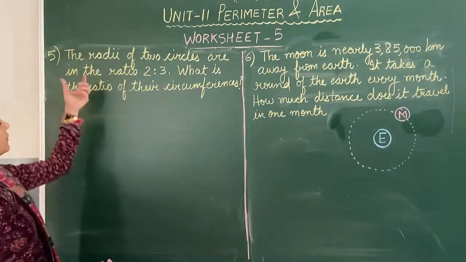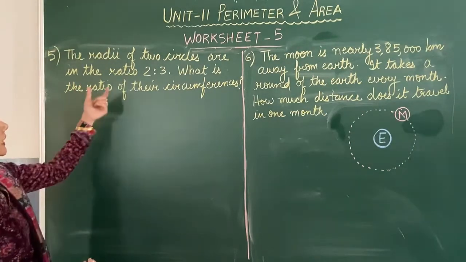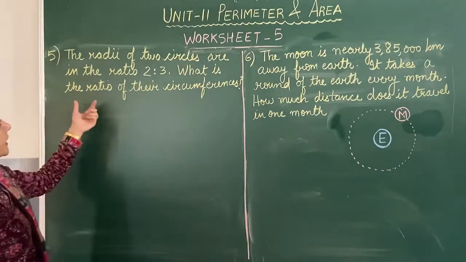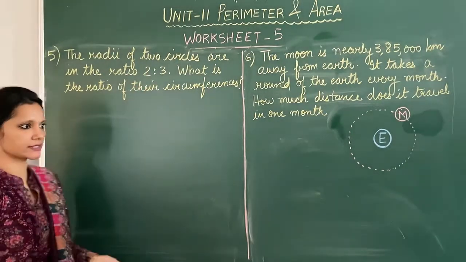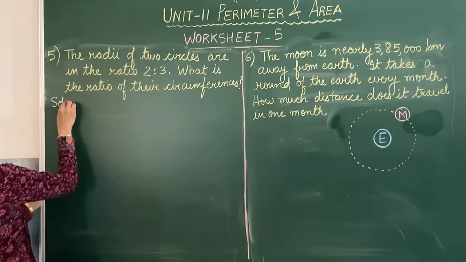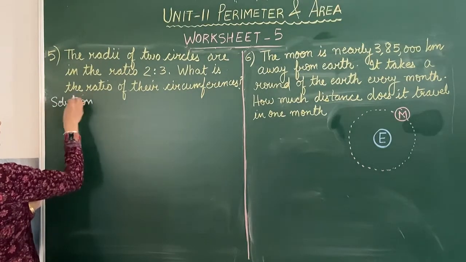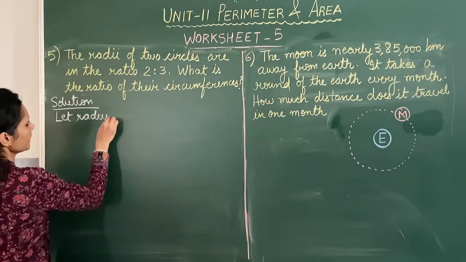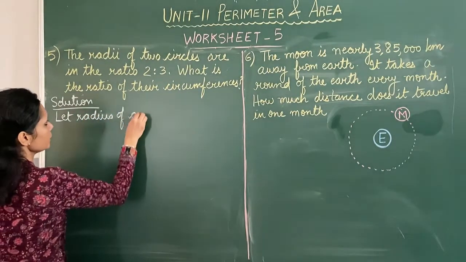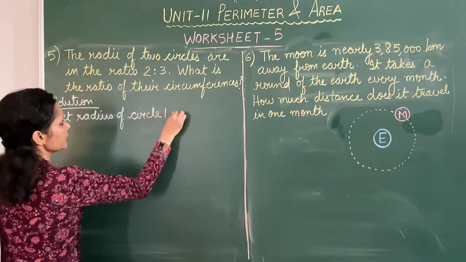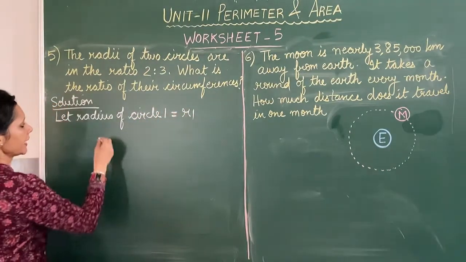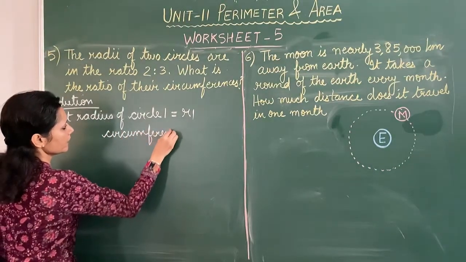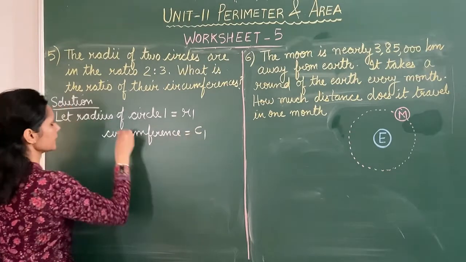Next is question number 5. The question says the radii of two circles are in the ratio 2:3. What is the ratio of their circumferences? So let us first suppose that the radius of circle 1 is equal to r1 and circumference is equal to c1.